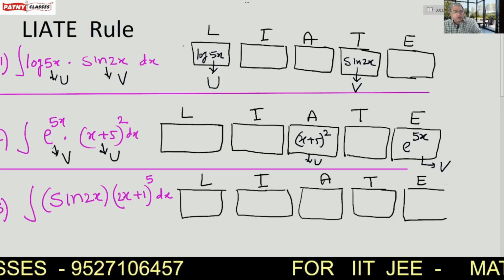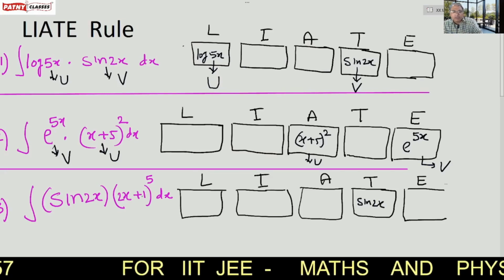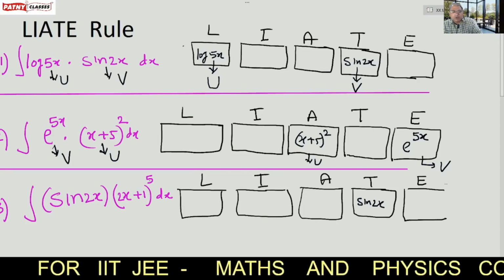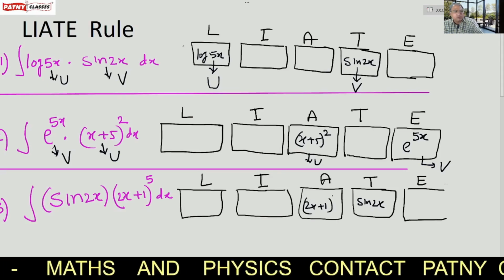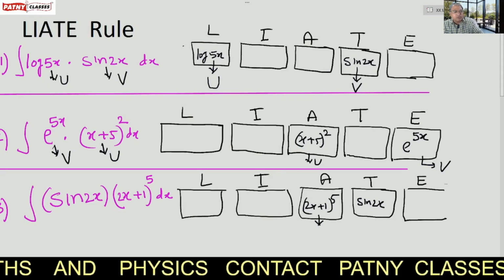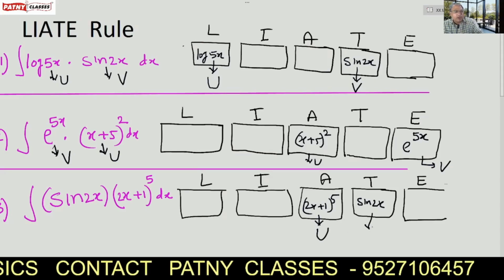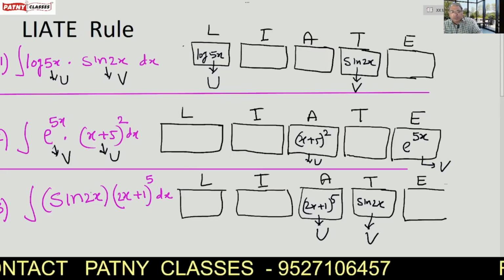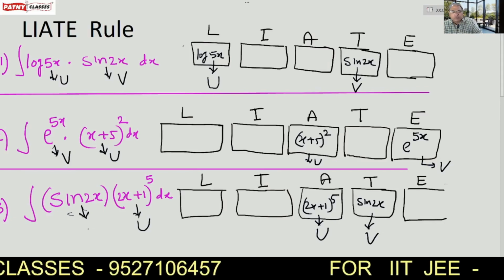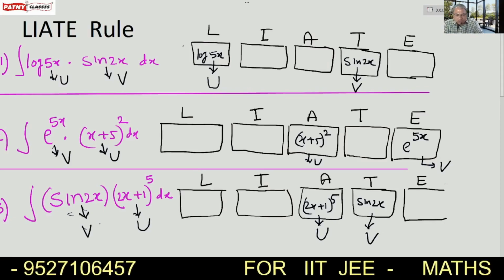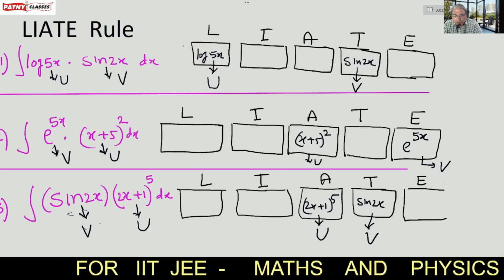Similarly, sin 2x goes in the trigonometric box, and (2x plus 1) raised to 5 goes in the algebraic box. The algebraic box comes before the trigonometric, therefore 2x plus 1 becomes u and sin 2x becomes v. In this way, under the LIATE rule we select u and v.